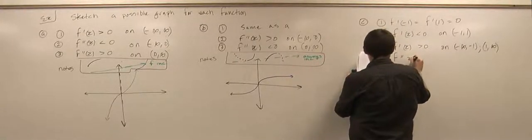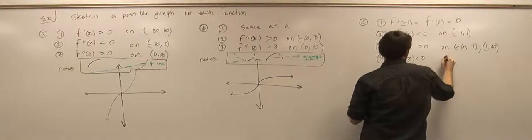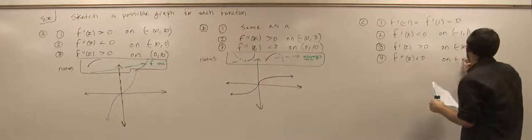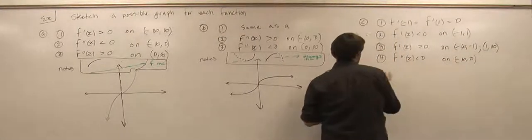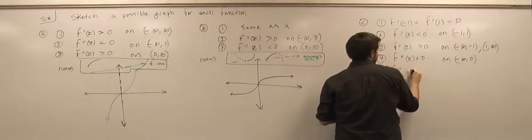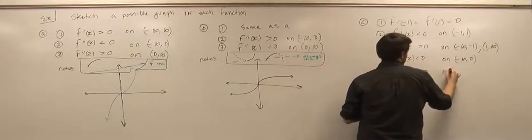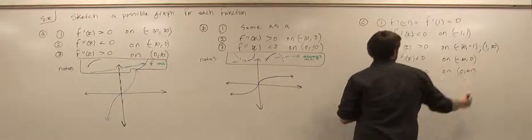F double prime of x is less than 0 on negative infinity to 0. F double prime of x is greater than 0 on 0 to infinity. So there are your conditions.